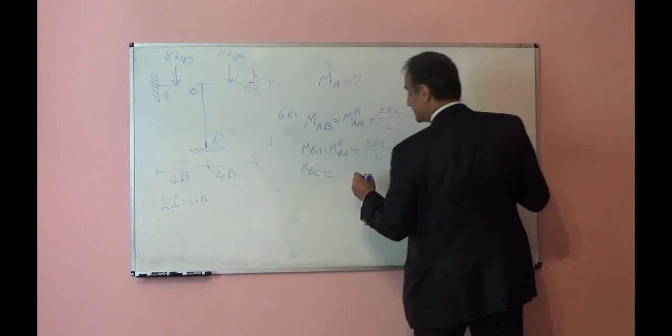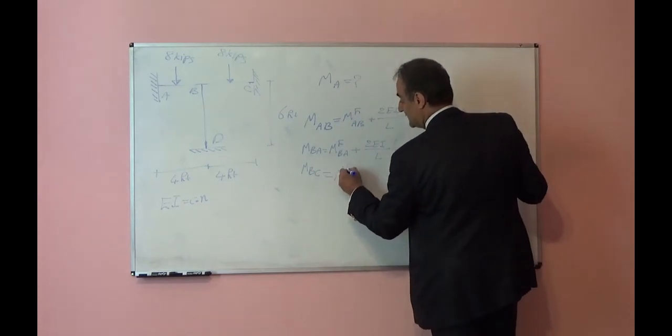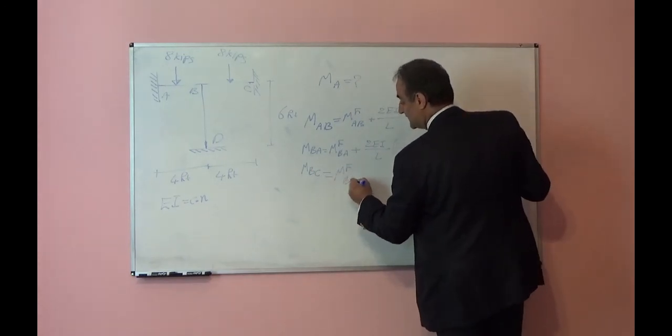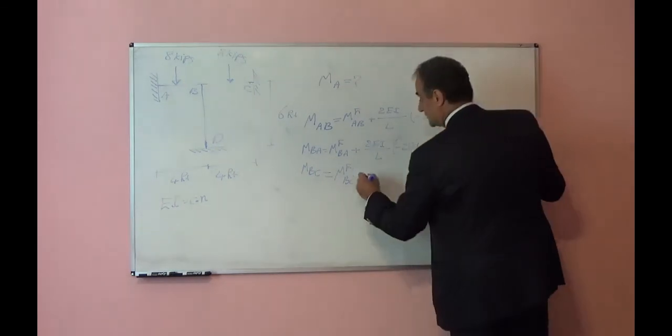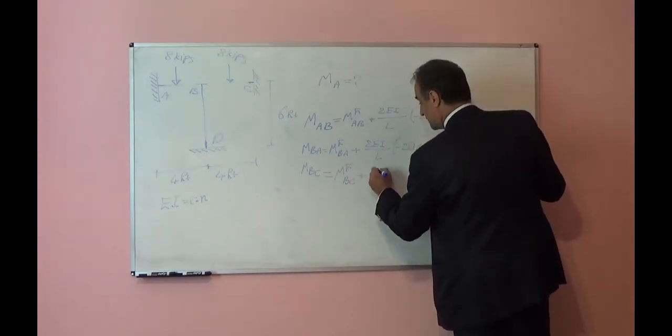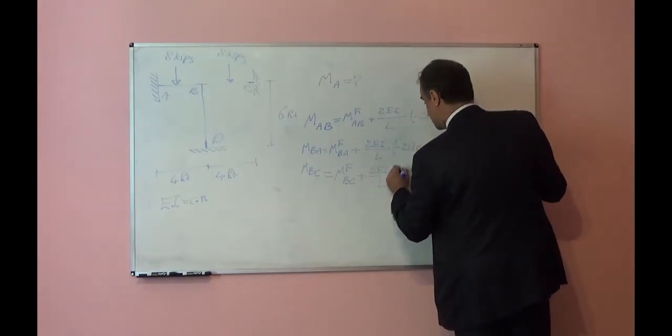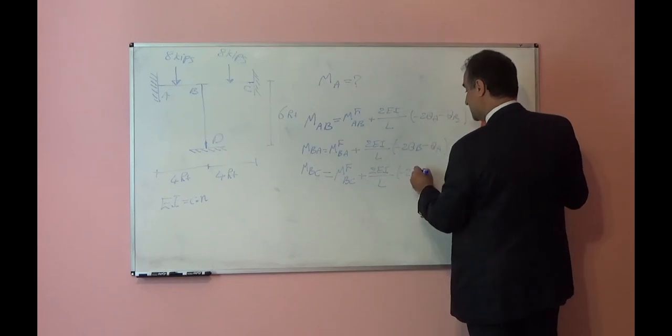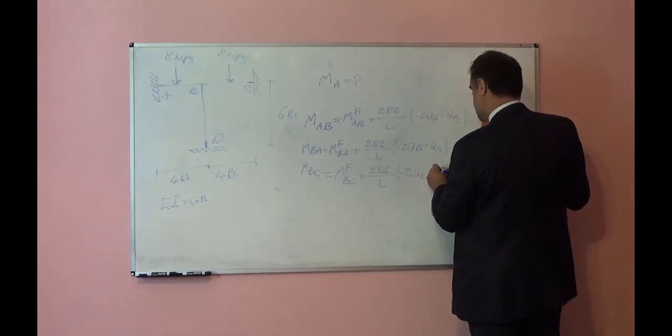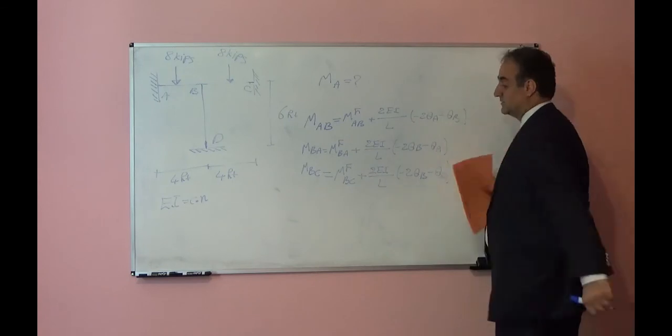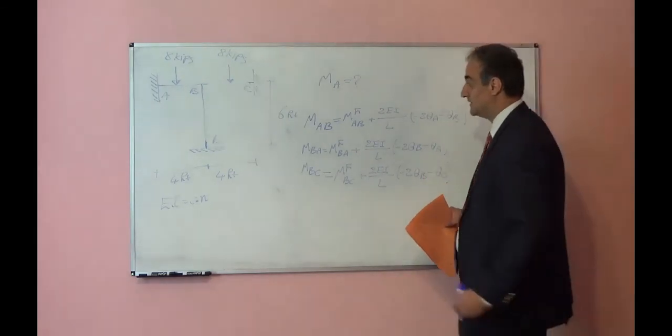MBC will be M fixed BC plus 2EI over L times (2 theta B minus theta C), that is MBC.